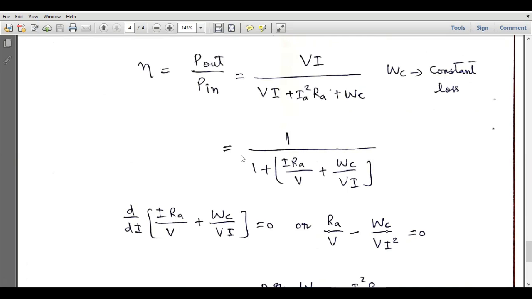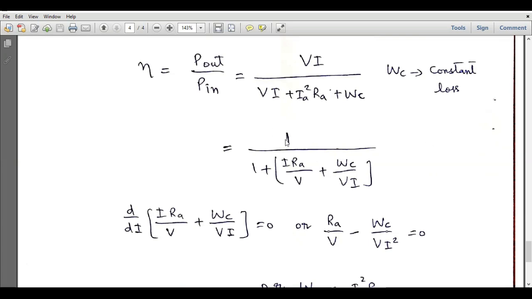And we have to find out condition for maximum efficiency. So we have to evaluate the maxima of this expression with respect to the armature current. So the maxima of this expression can be evaluated by taking the derivative of this term and equating that derivative to zero. So the derivative of this term can be evaluated by using the division rule of the derivative, and then equating that derivative formula to zero.